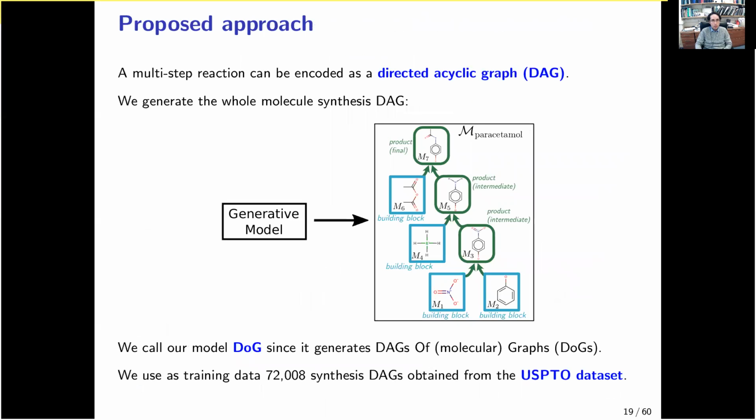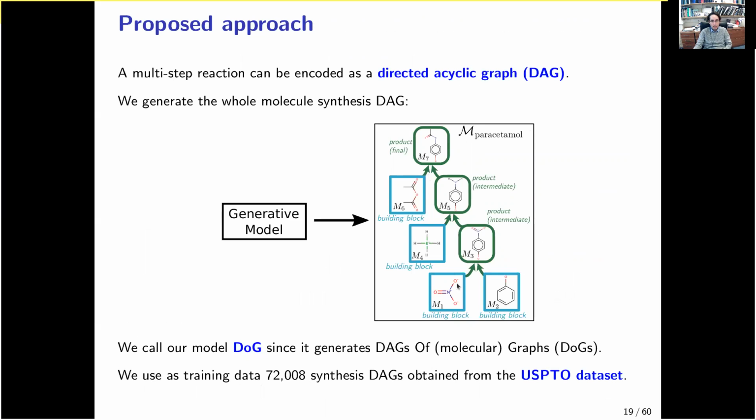So how do we do this? What we propose is to focus on the description of multi-step reactions as a directed acyclic graph. And this is illustrated here.